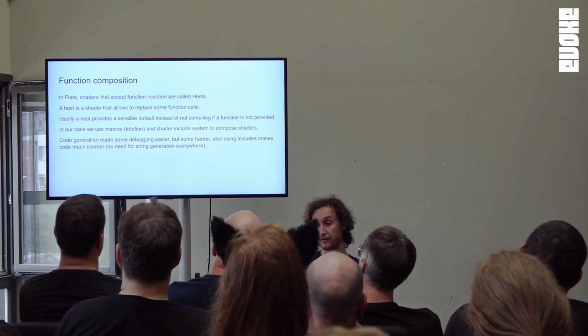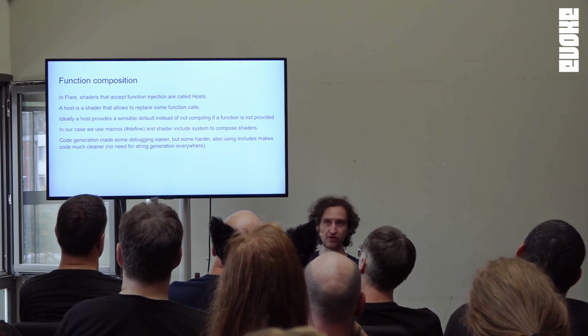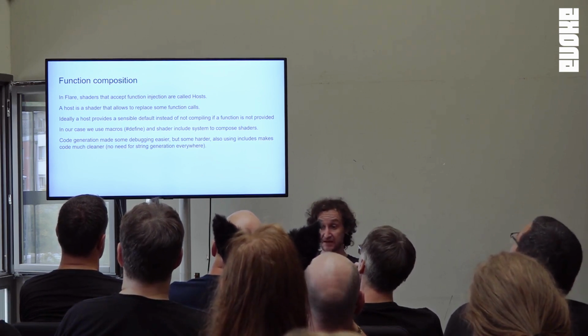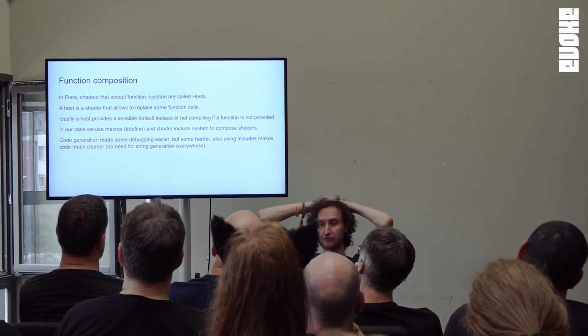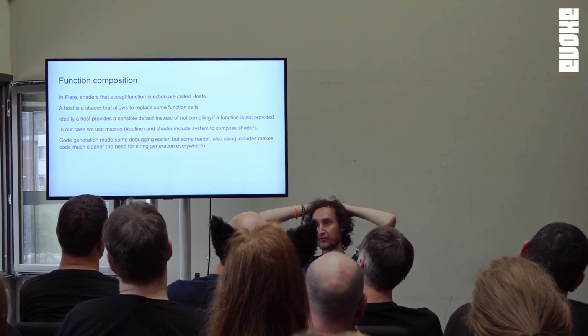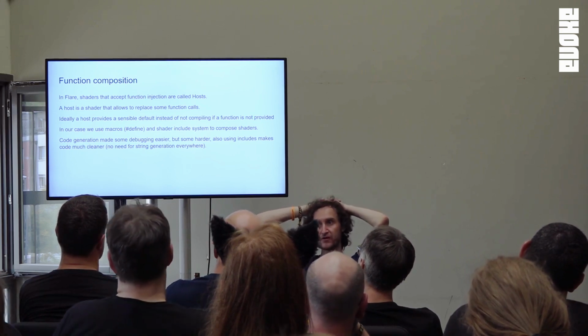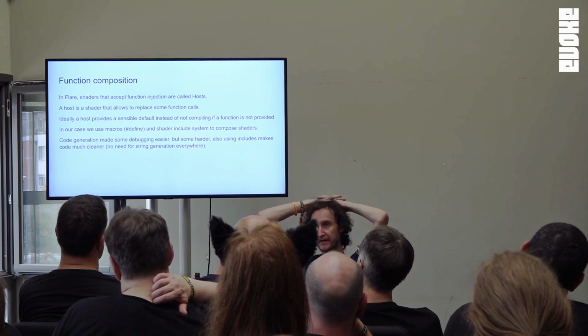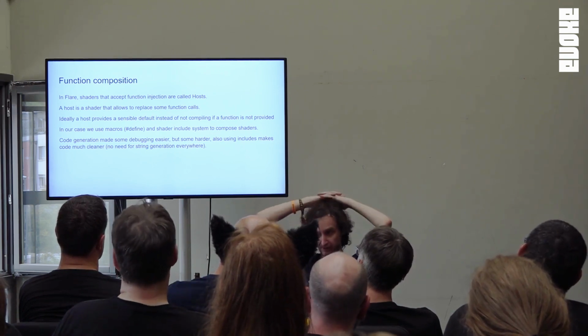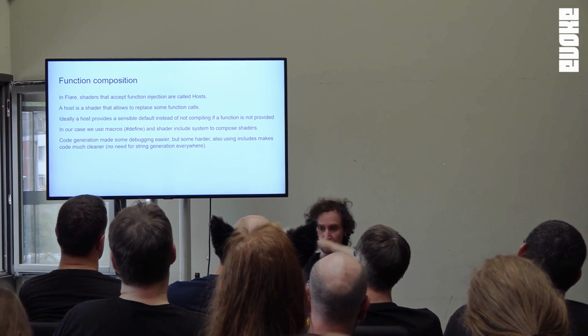It's basically a shader which can get new things injected inside. We also always want them to still work if you don't inject a function. Even if you don't provide anything, they should provide a proper default. Otherwise it will be a nightmare for debugging.